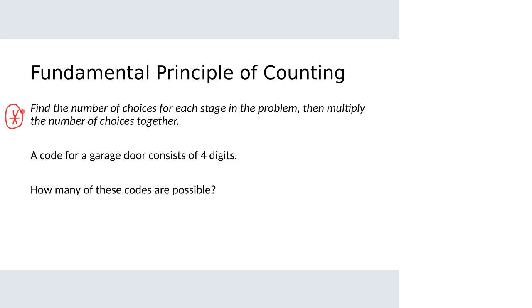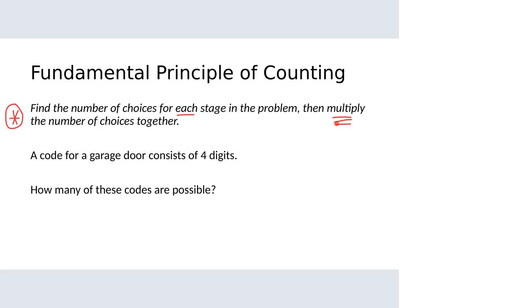Those were the different stages in the problem, the different things that she could pick from. Find the number of choices for each stage and then multiply the number of choices together. We're definitely going to encounter problems where the fundamental principle of counting is going to come in handy and be valuable.